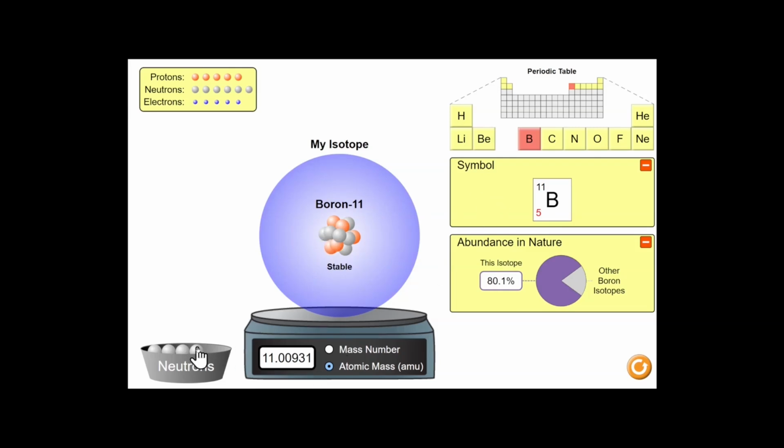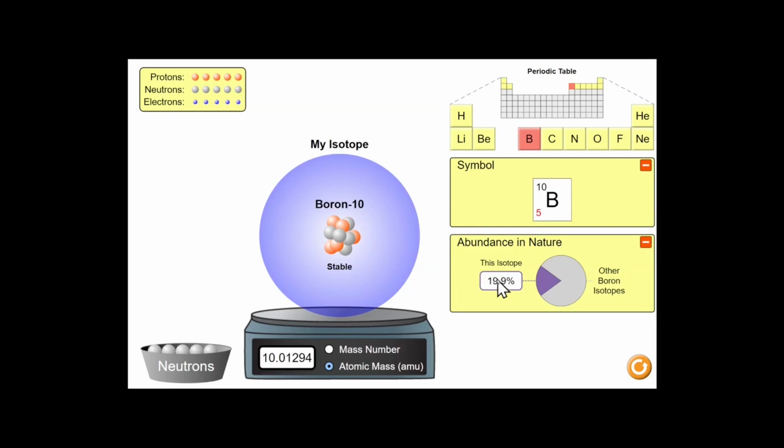What are the other isotopes of boron? There is boron 10, and that's 19.9% of boron. Boron 12, none of that. Is there boron 9? No. So the only isotopes that are going to matter are going to be boron 10 and boron 11.